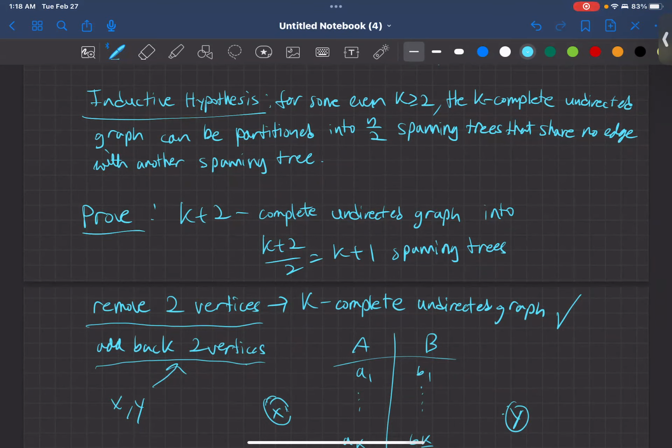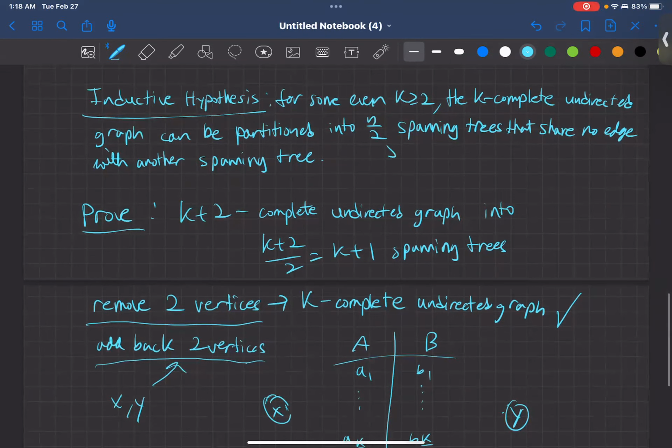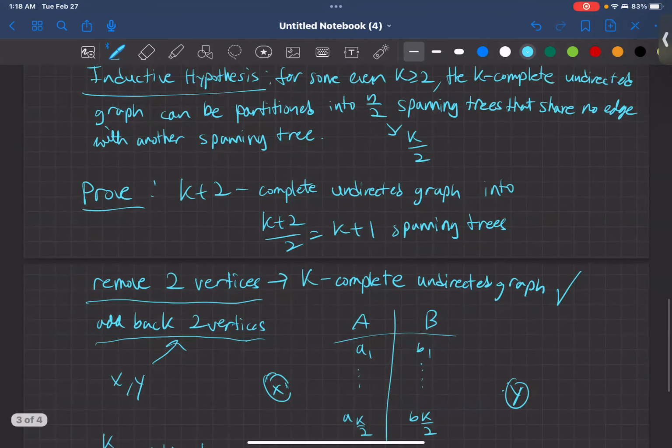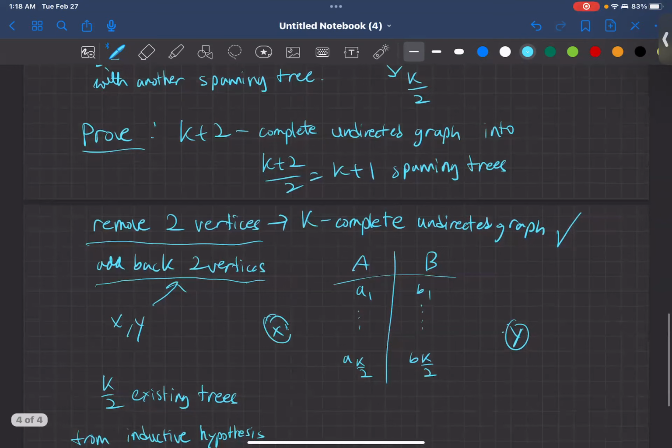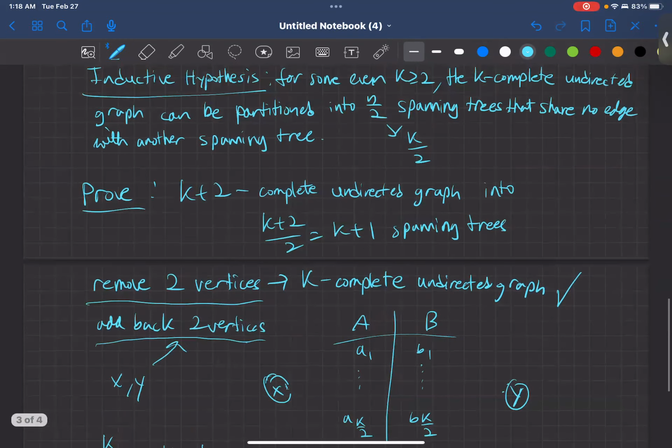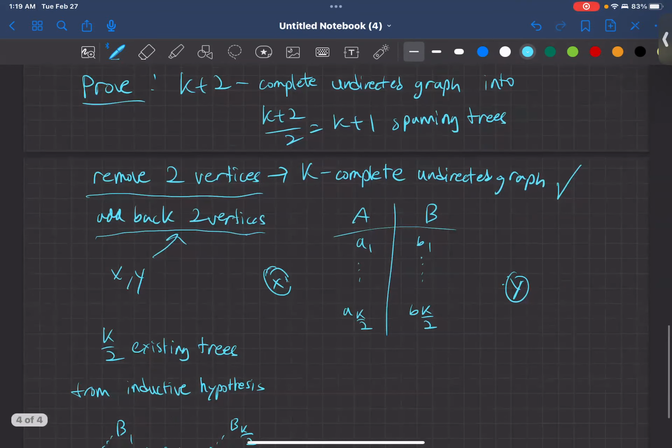Here, n stands for the number of vertices, so this could be rewritten as k divided by 2 spanning trees. With this inductive hypothesis, we want to show that the k plus 2 complete undirected graph can be partitioned into k plus 2 divided by 2, or k over 2 plus 1, spanning trees that share no edge with another spanning tree. So how do we do this?